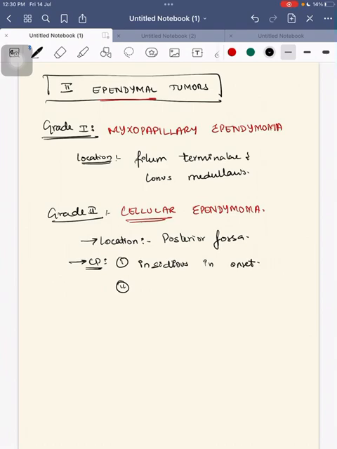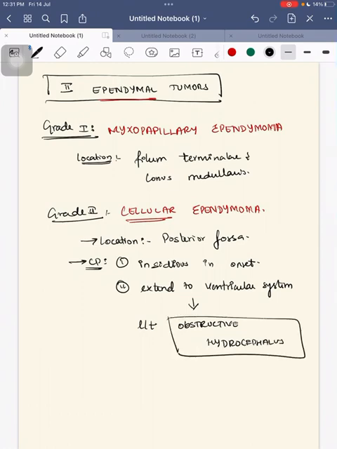It is non-invasive, but it can extend to the ventricular system, thereby leading to obstructive hydrocephalus.